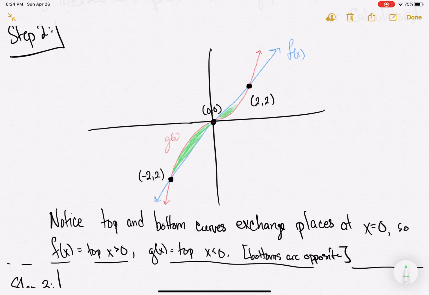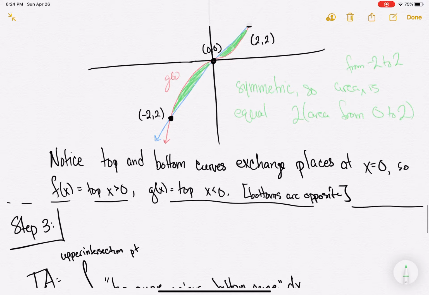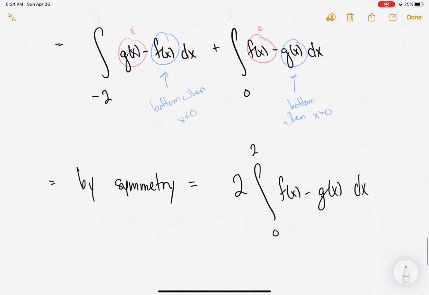Clearly symmetric, so area from -2 to 2 is equal to twice the area from 0 to 2. So that's just your symmetry helping you out.